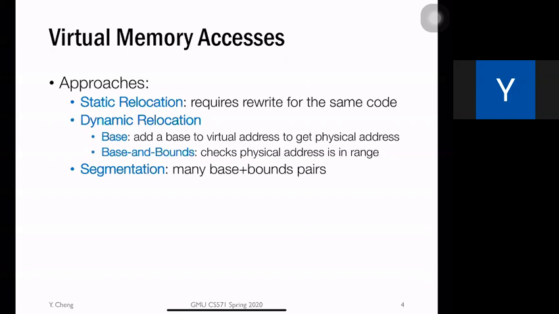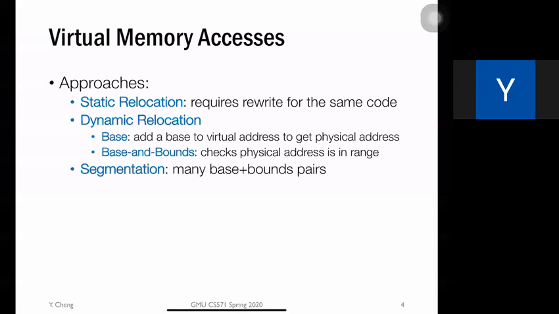And the second approach, which is slightly more advanced than static relocation, is called dynamic relocation. Within the category of dynamic relocation, we have two different variants. The first variant is a baseline case, which is called base method.